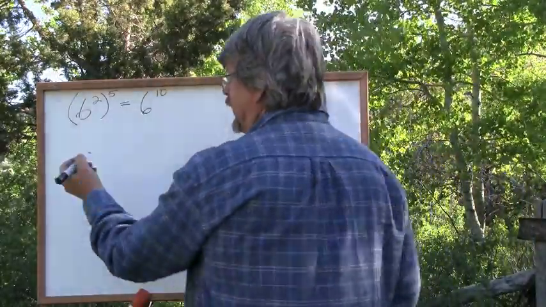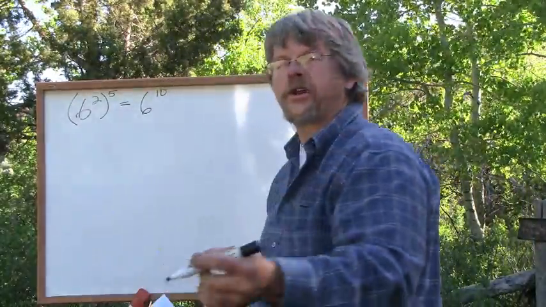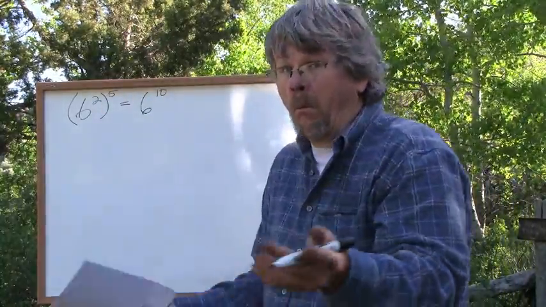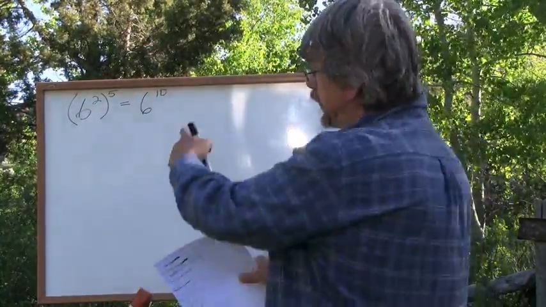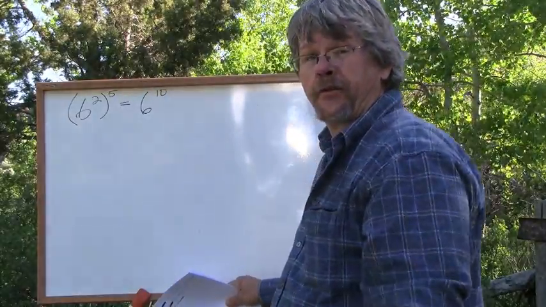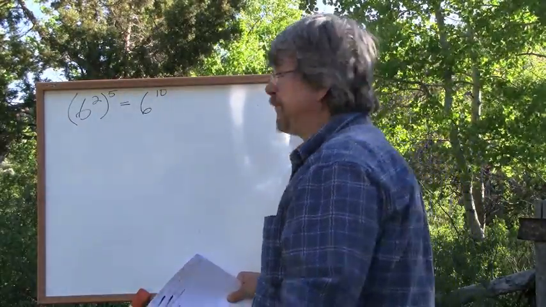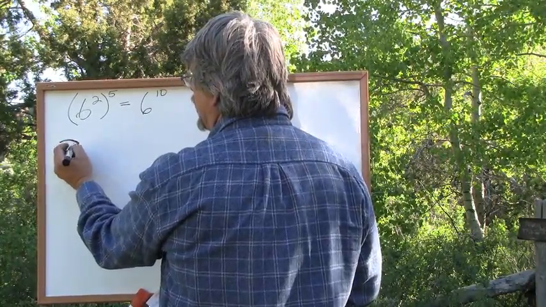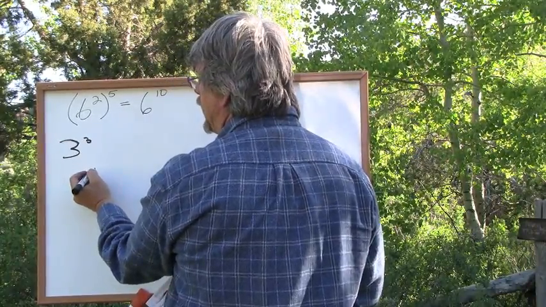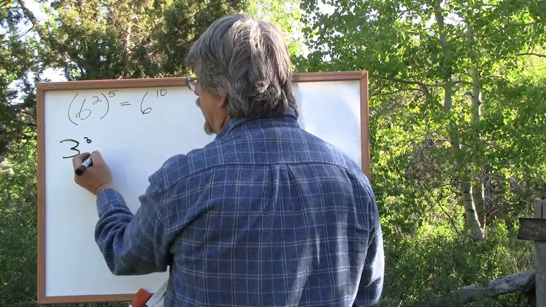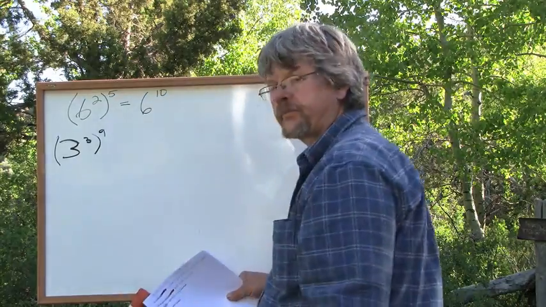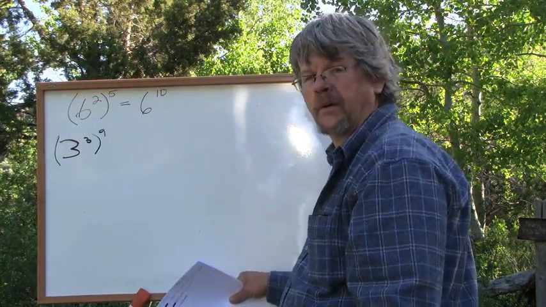If we had something like, and here's where you can invent your own problems. Just change the numbers, and then solve for the real number instead of leaving it in exponent form. You could have 3 to the third, and take that to the 9th, if you wanted.